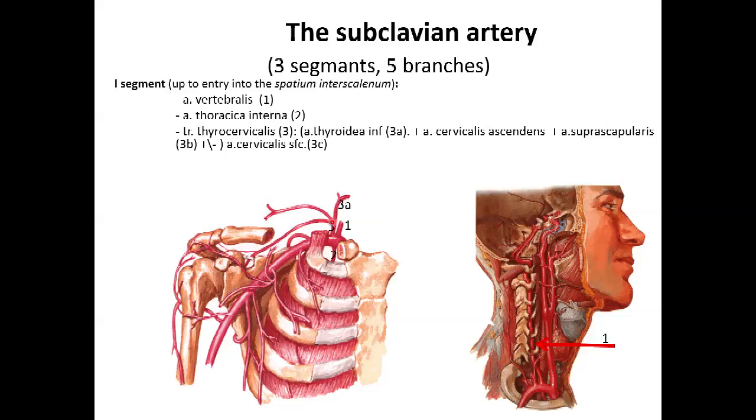Arteria cervicalis ascendens and arteria suprascapularis, 3B, here it is, and 3C, arteria cervicalis superficialis. So you can find here 4 vessels, but I designated only 3.